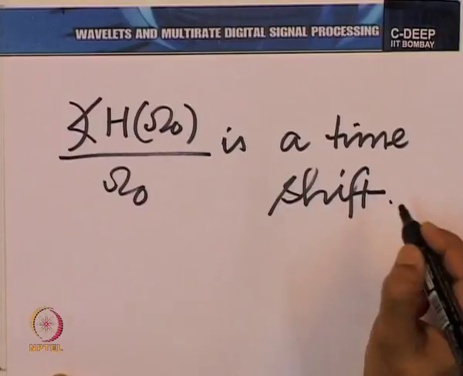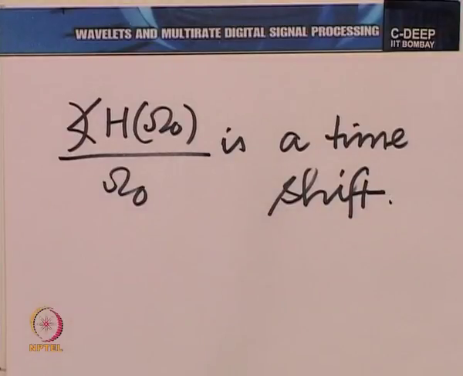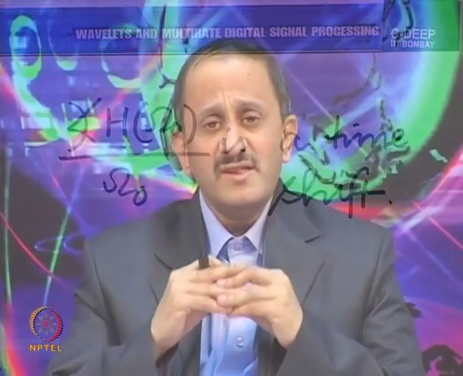So, this time shift actually is what is called a necessary evil in the frequency response. Most of the time when we give specifications for designing a filter, whether it is in the analog domain or in the discrete time domain, we do not really want a phase response. The phase response comes as a necessary evil, and we have to work around it.